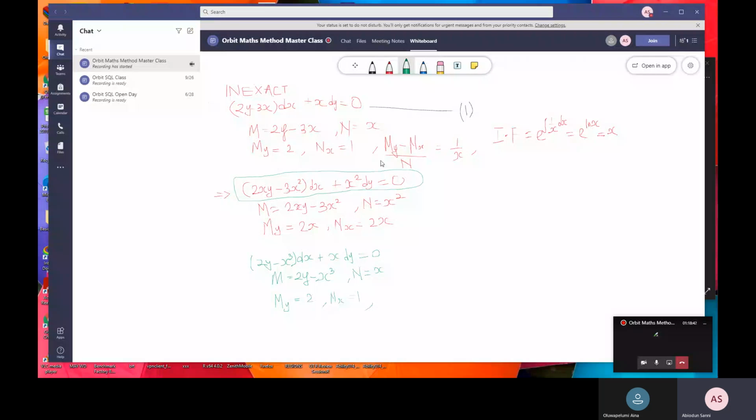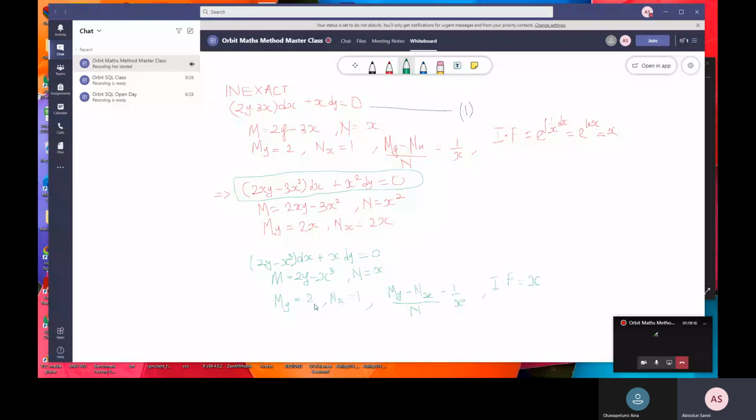So apparently I'm going to use this one too. If I divide by N, I'll do M_y minus N_x divided by N, because that would be more compact to use. So M_y minus N_x is going to give me a constant divided by N. So here I'm going to have 1 over x, which is a function of x. My integrating factor will be the same as what I have here, which is x.